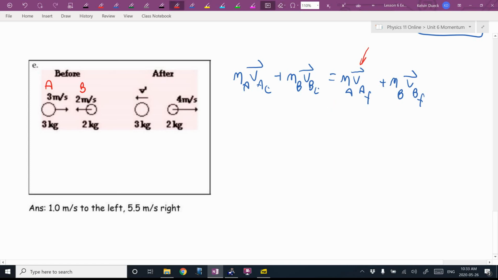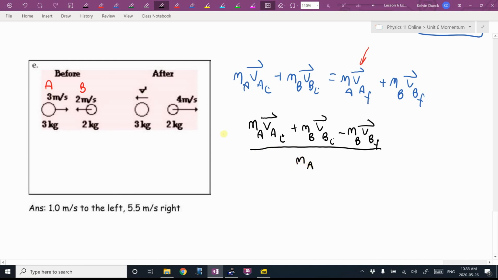In fact, you're going to notice it's really similar to the equation that we just finished doing on the previous question. I'm going to end up with mass A, VA initial, plus mass B, VB initial, minus mass B, VB final, all over mass A, that equals VA final. And ideally, this should give us a negative answer.